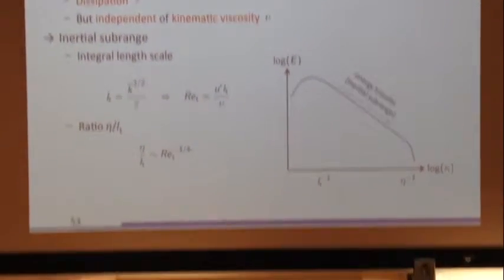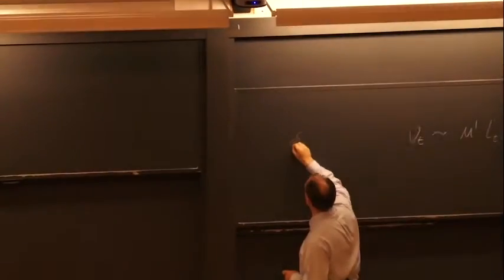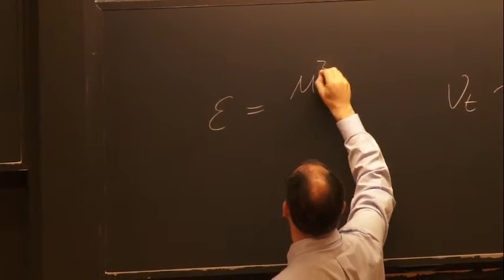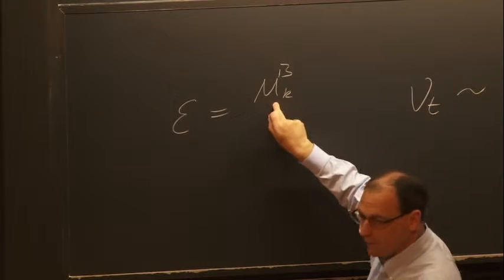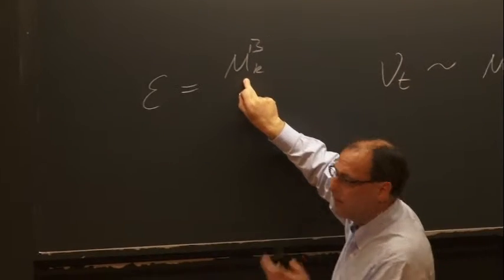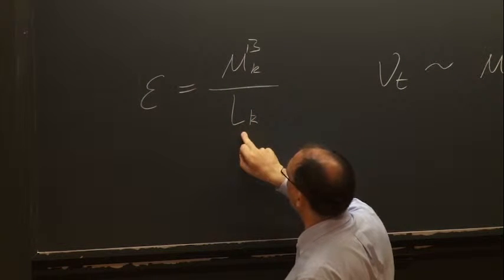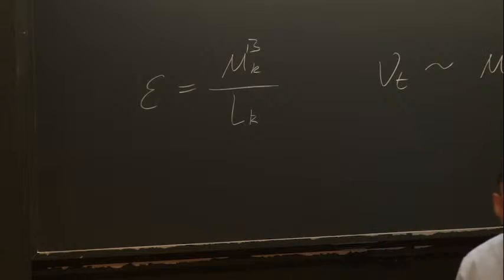So at any length scale, any wave number k, you can say the velocity fluctuation at that scale, cubed, divided by this length scale is equal to epsilon. This is true for all scales. Okay, that's the so-called Kolmogorov scaling. This is very, very important for turbulence. And so this is basically written here for the large scales.